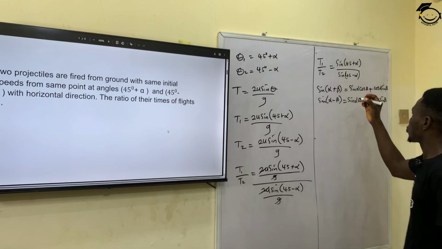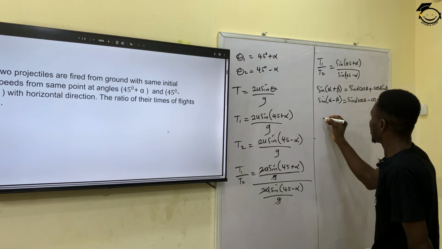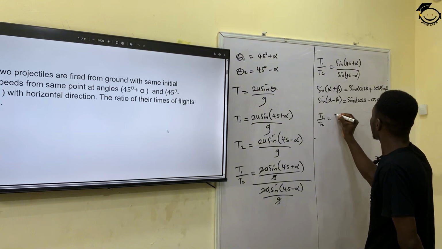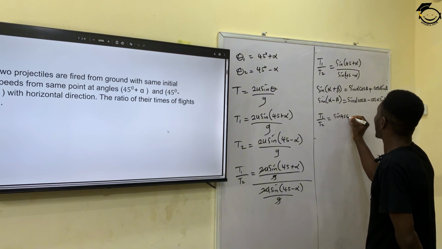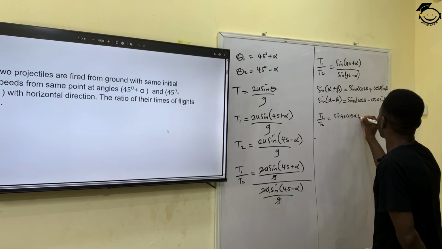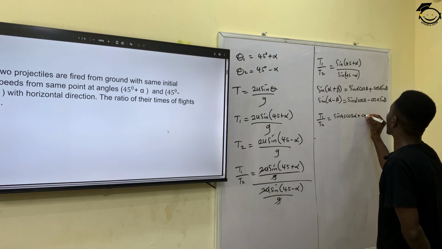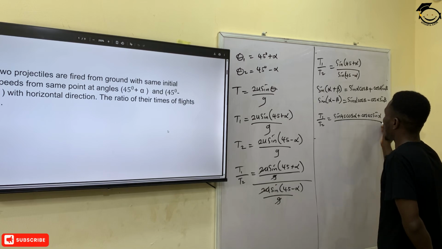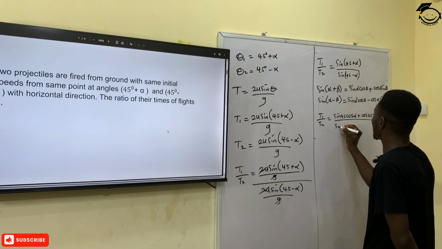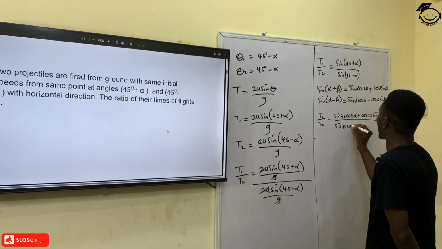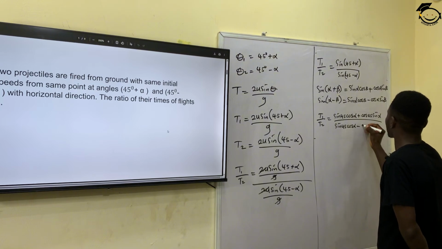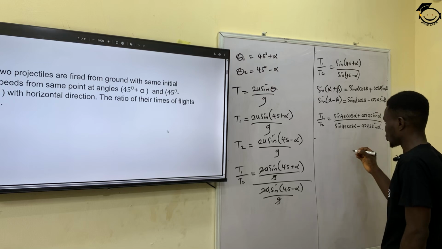So if I apply this rule here, my T1 over T2 is going to give me sine 45 cos alpha plus cos 45 sine alpha, over sine 45 cos alpha minus cos 45 sine alpha.